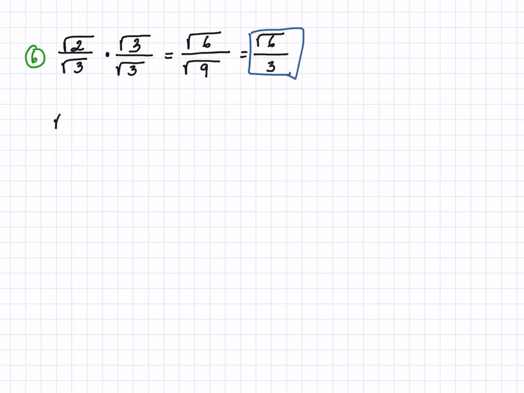I have the square root of 5 over the square root of 18m. I can simplify the 18, but then I will have a radical on the bottom. So what I want to do is multiply the top by square root of 18m and multiply the bottom by square root of 18m.